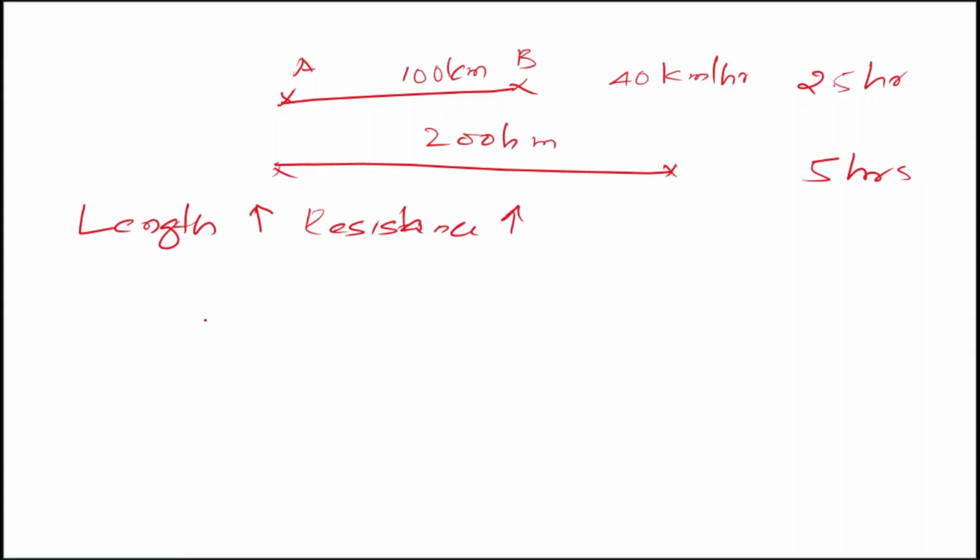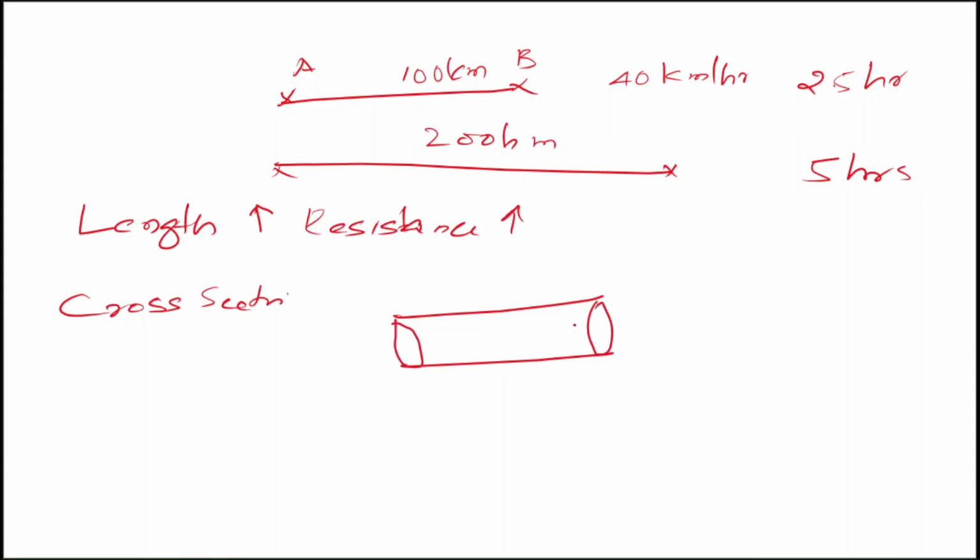The second property is about the cross section. Consider a motorway which is wider, and another which is thinner. The distance is the same, A to B we are traveling. Which one will you reach fast?